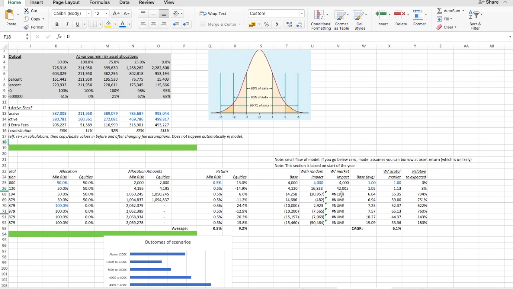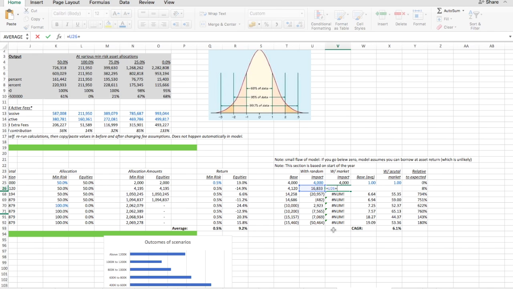Okay, so now this is where I think this kind of model gets really, really interesting. Let's say that with the market impacts, if you look at the number out here, in this case it was 8% better than expected. So that means we got this 16,800 in this case, essentially saying that's just what we expected with some randomness around it.